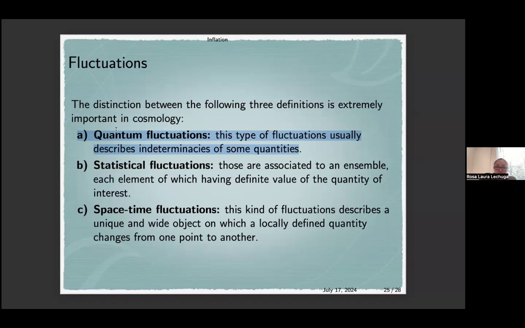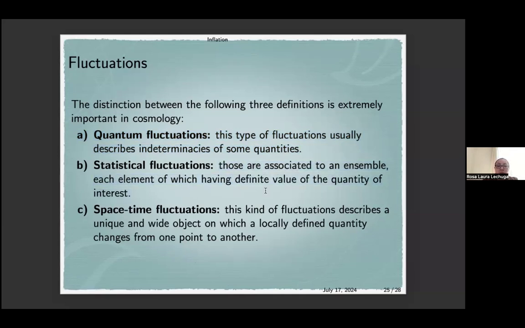So quantum fluctuations are related only with the uncertainty, with the fact that we have the possibility to get different values, but we don't have access to those values until you perform a measurement. But it is completely different for the statistical fluctuations.